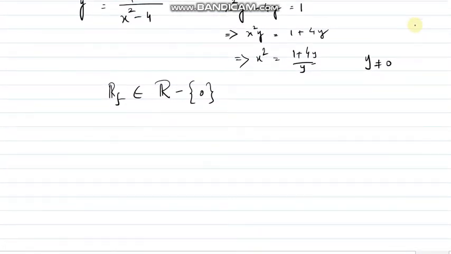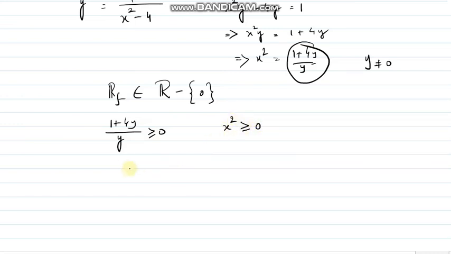Because another case is that from this one, can we write that (1 plus 4y) divided by y is greater than or equal to 0? Because we know that x square is always greater than or equal to 0. So when this is greater than or equal to 0, you can check the sign of the quadratic expression.